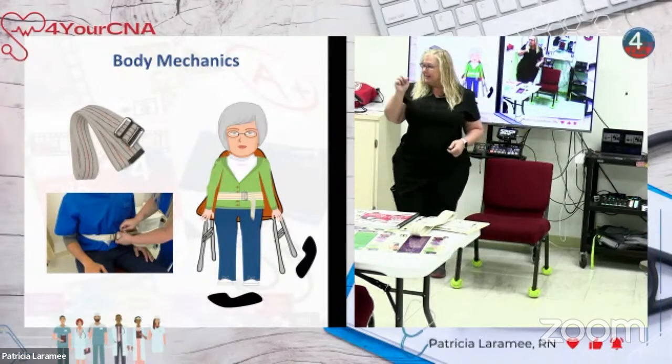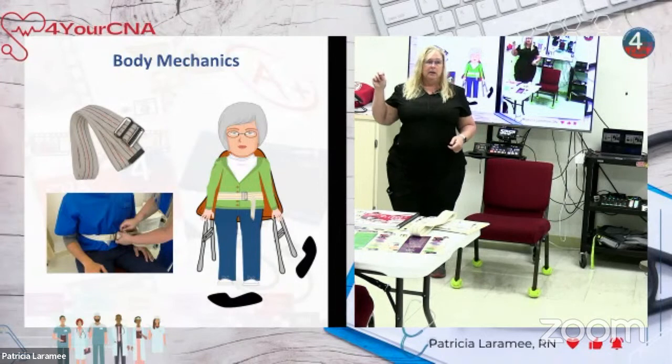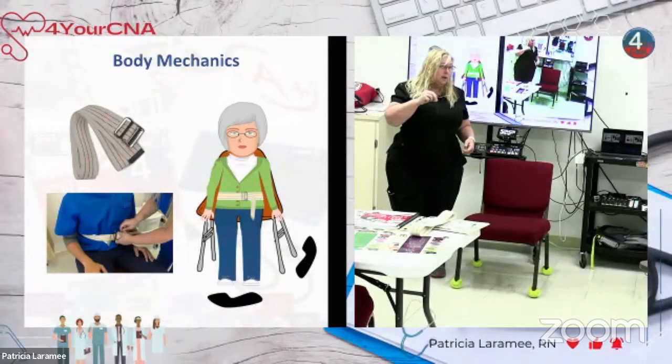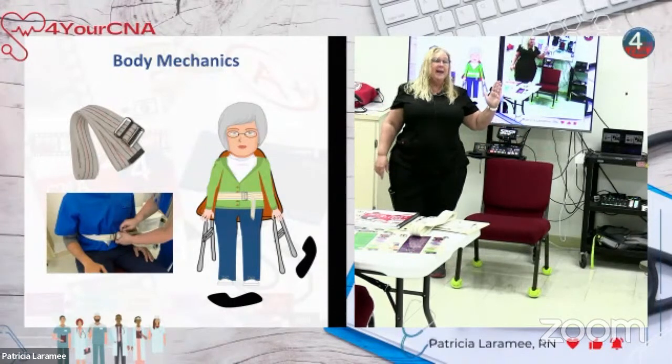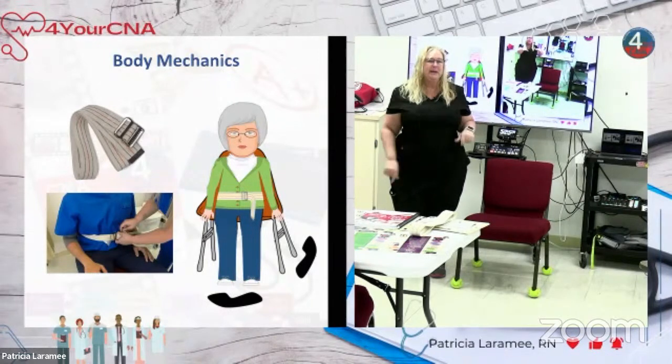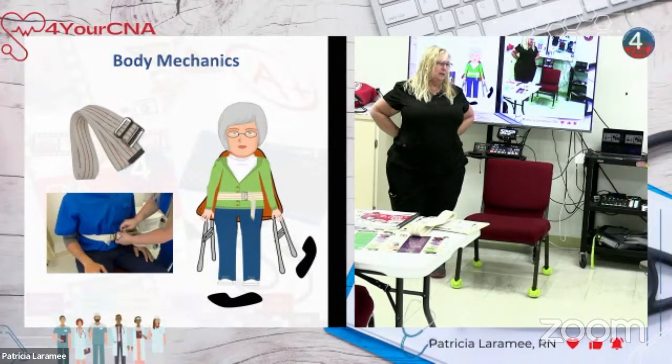Every action has an equal and opposite reaction. So equal body weight, opposite direction. So if I'm lifting a 150-pound person up, that means 150 pounds of force is trying to push me backwards. My back has to absorb that.